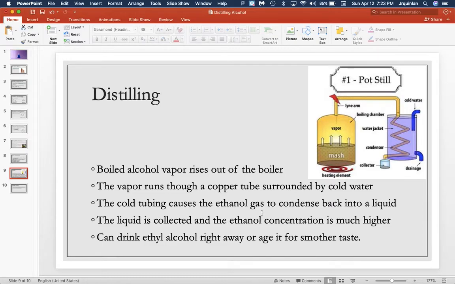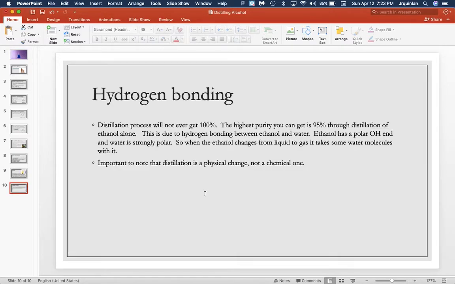So how it works is when you distill, the boiled alcohol vapor rises out of the boiler, and the vapor runs through a copper tube, and then this tube is surrounded by cold water, which will cool it down quickly and cause it to go from a gas condensed back into a liquid state, where it goes out through here and collects. And at that point, you've got the choice of drinking it right away, like the moonshiners do, or you can age it to make it smoother.